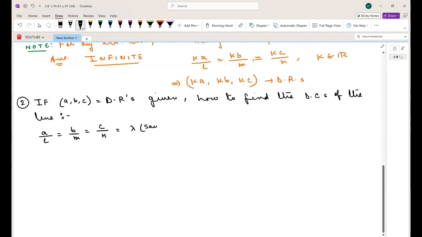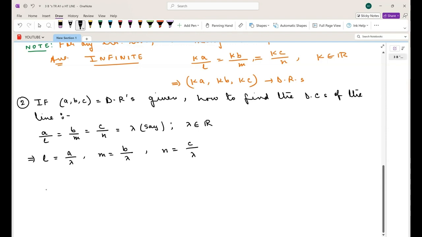Obviously, lambda is a real number. Now from here, L equals A by lambda, M equals B by lambda, and N equals C by lambda. L, M, N are DCs.